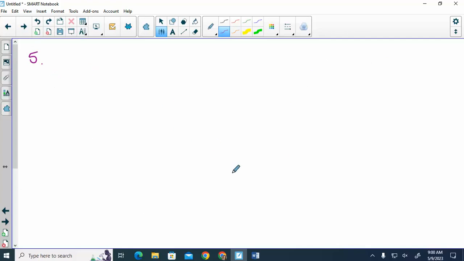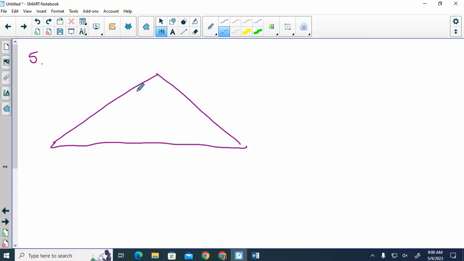Number 5. So we have a person standing on top of a 13-foot high sand pile. This is 13.